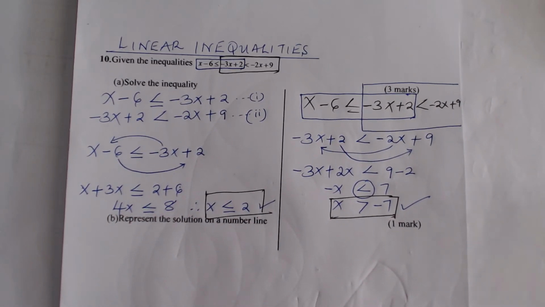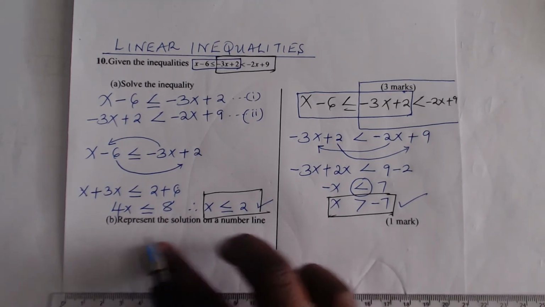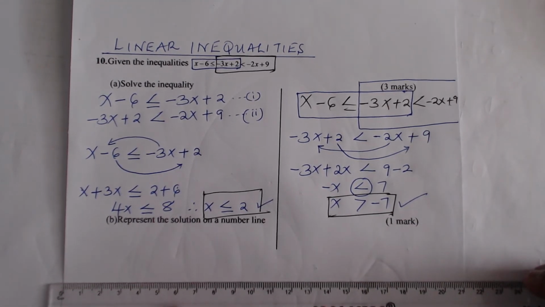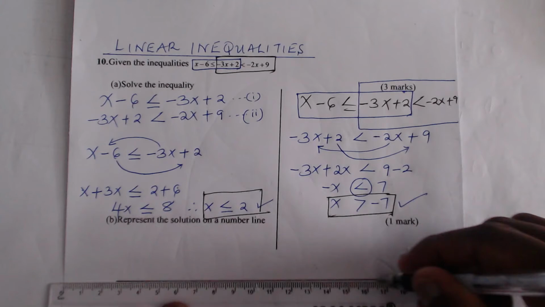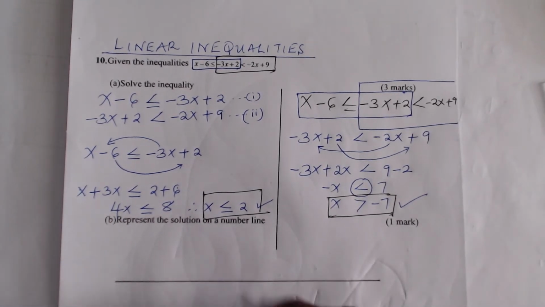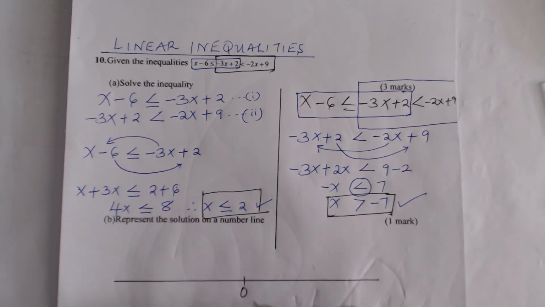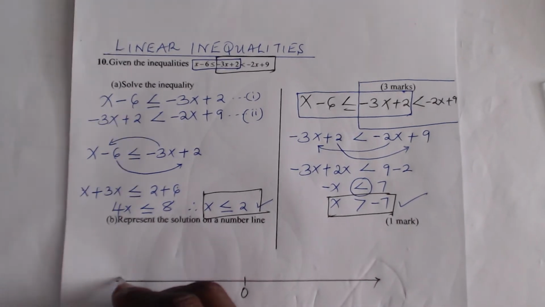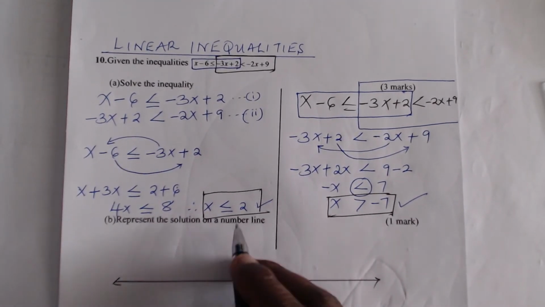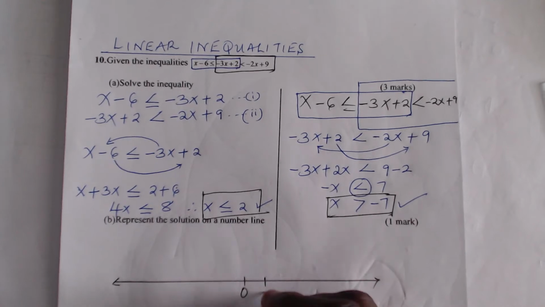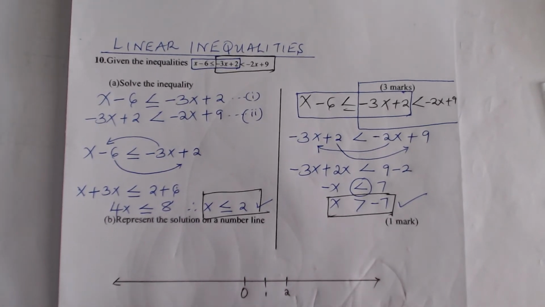Now the other question, part B, is to represent the solution on the number line. So draw the number line. You need at least 2 on the positive side, so this is 1, 2.